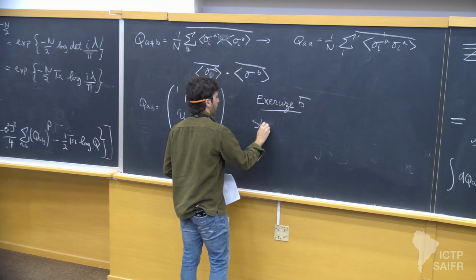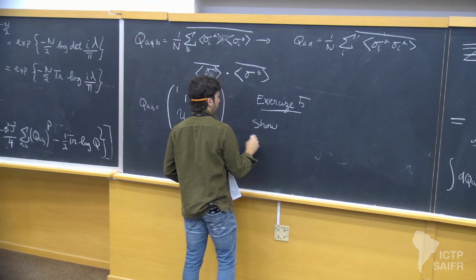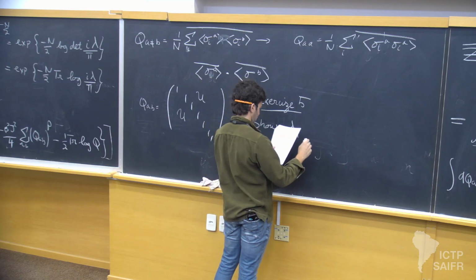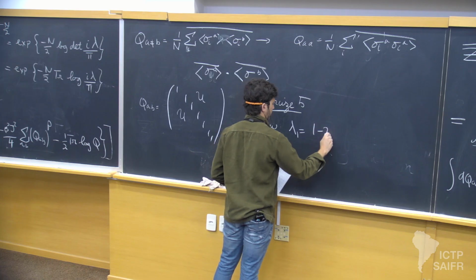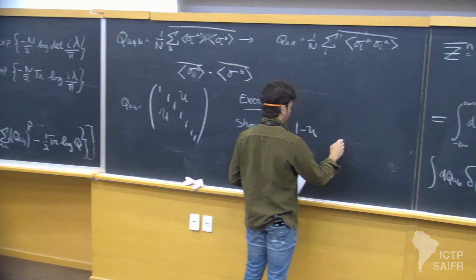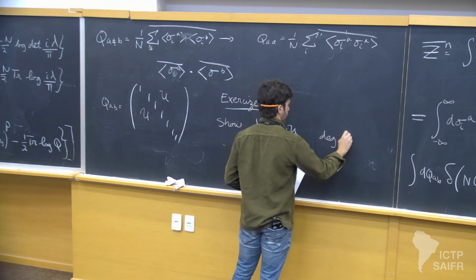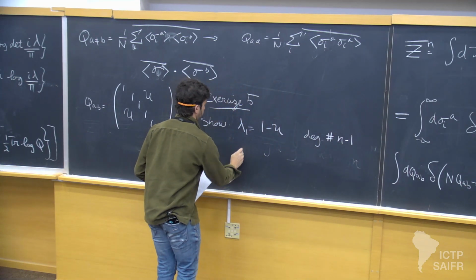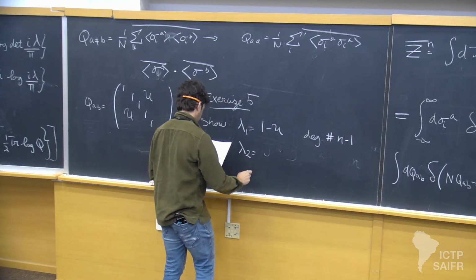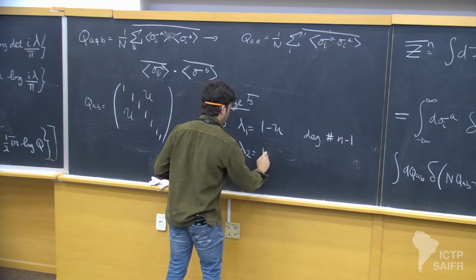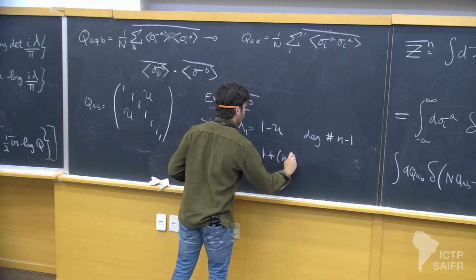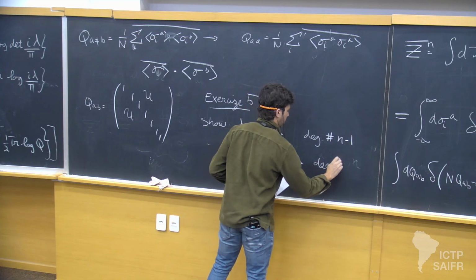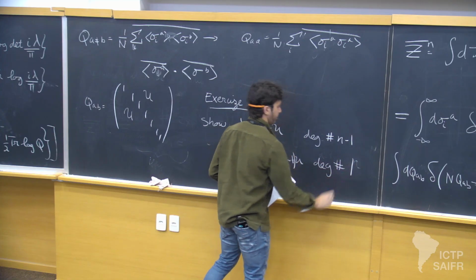Show that the eigenvalues of this matrix are lambda 1, and the degeneracy is n minus 1. And lambda 2 is 1 plus n minus 1 u with degeneracy 1.